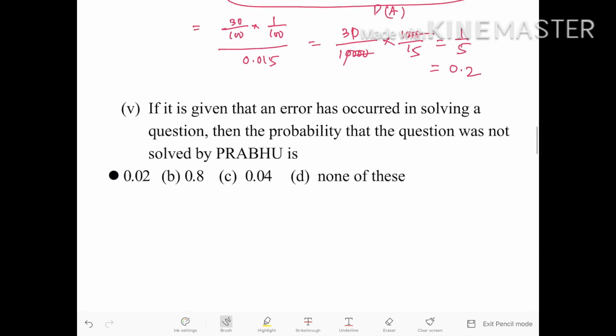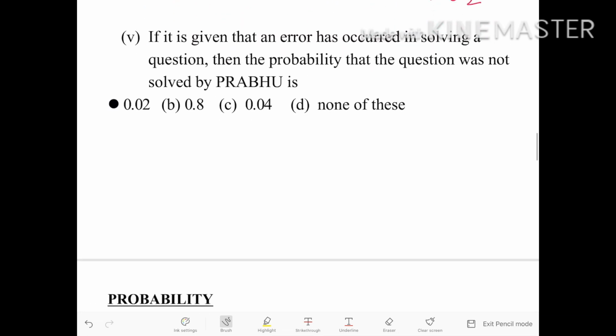Now comes to question number 5. If it is given that an error has occurred in solving a question, then the probability that the question was not solved by Prabhu. So probability of E2 dash, E2 complement. We have taken E2 as the question was solved by Prabhu.